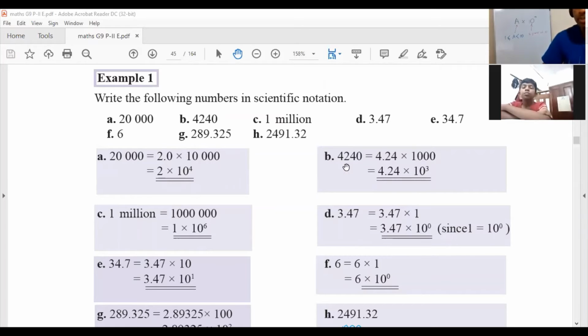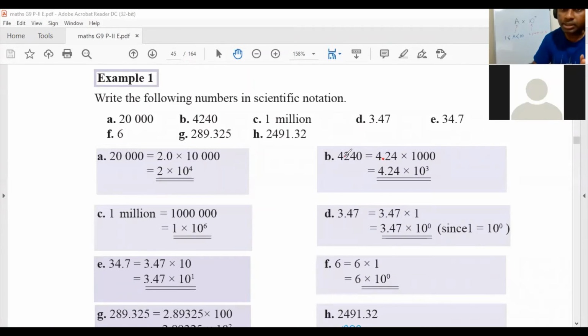Let's look at this. B, 4,240. It can be converted to a number between 1 and 10 as 4.24. 4.24 is exactly between 1 and 10. Then this is what? 1,000. How do you decide this should be 1,000? Because the decimal point is here now, in between 4 and 2.